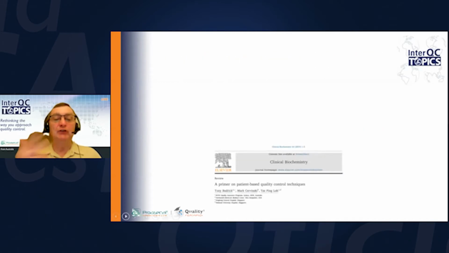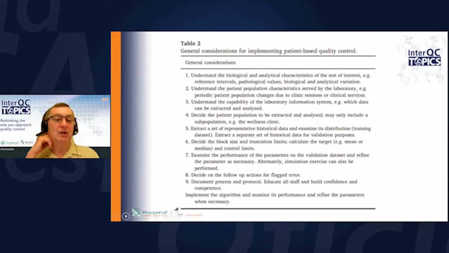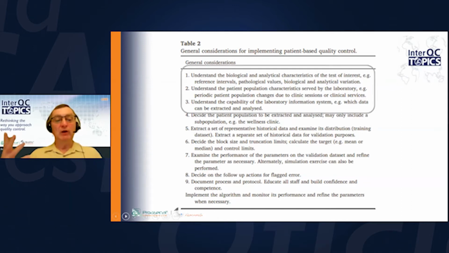So I'll just go through now, based on a lot of those papers, some more key things about patient-based real-time QC. If you're going to implement it, you need to understand fundamentally three things.